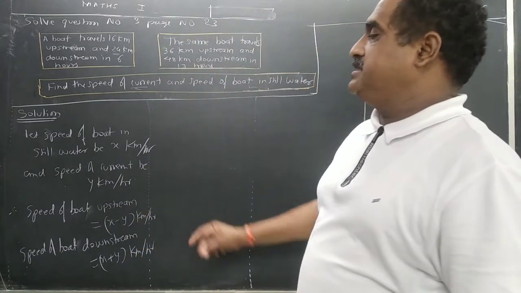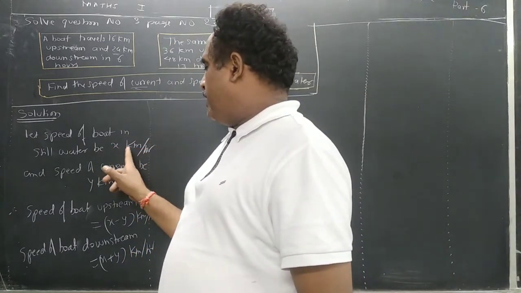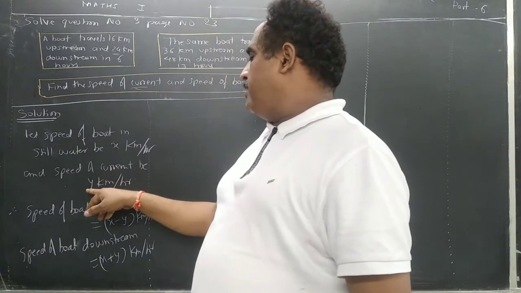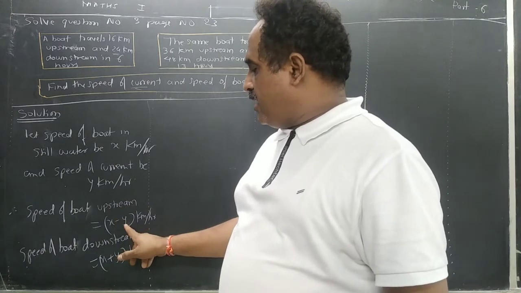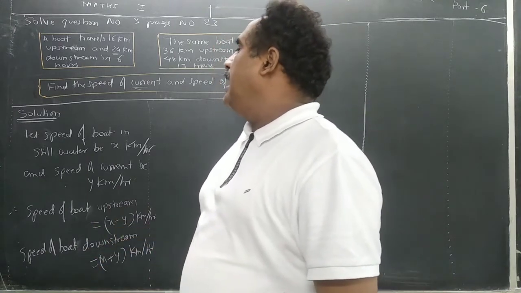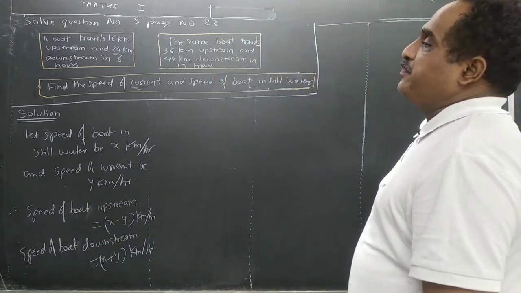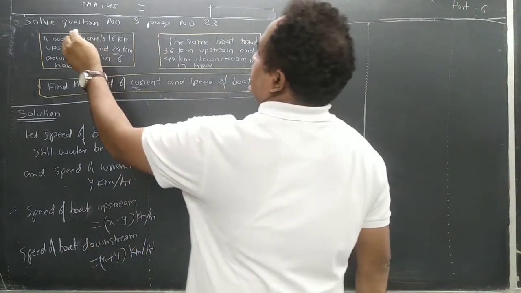So what have you taken? The speed of the boat in still water is x kilometer per hour, and the speed of the current of the river is y kilometer per hour. So upstream will be x minus y, and downstream will be x plus y. Now they have given some conditions, right?